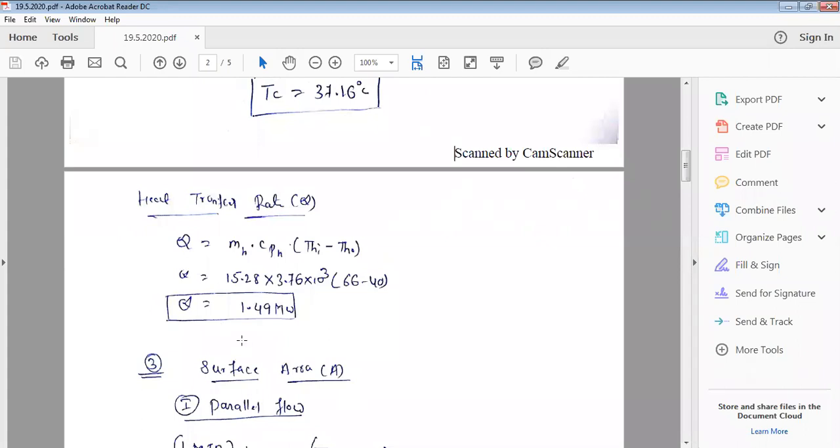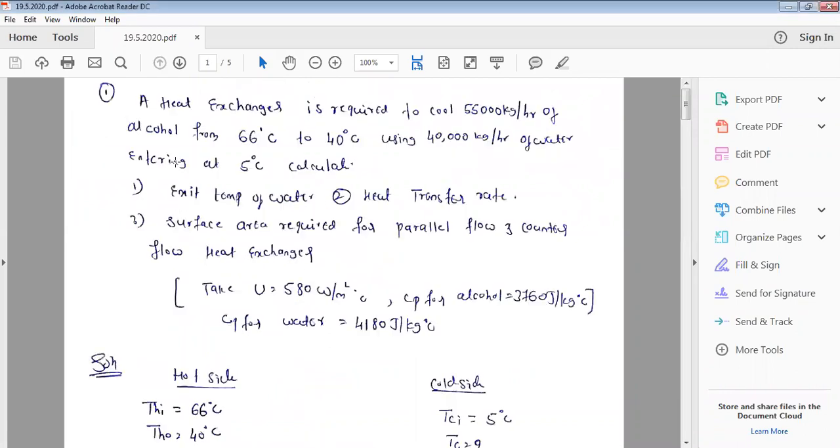Okay. Now in the question they are asking, we need to calculate the surface area and we need to comment on that. If you see the definition of the problem, what they have given: surface area required for parallel flow and counter flow heat exchanger.